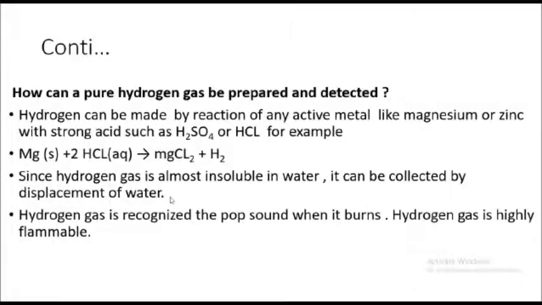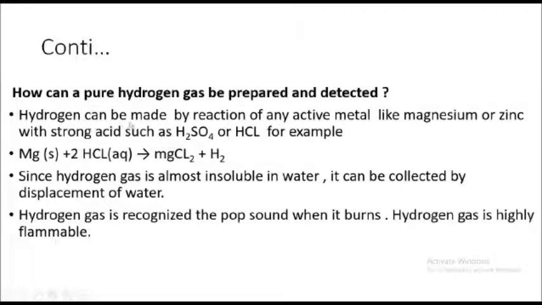It is obviously different from the elements in the periodic table because it is not included in any section of it. It is out of the periodic table. That's why it has two properties, metallic properties and non-metallic properties. For today, we will look at how to prepare it and detect it.